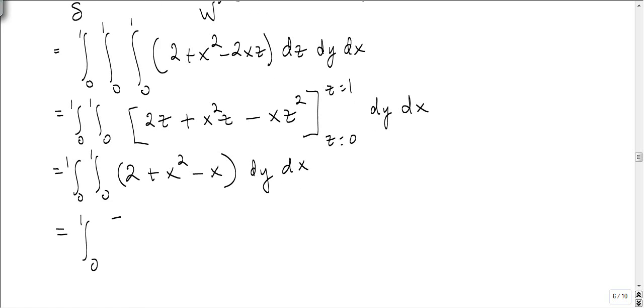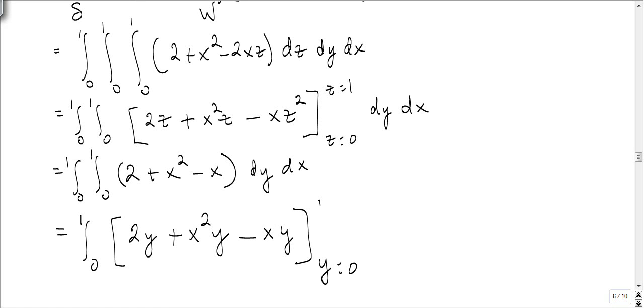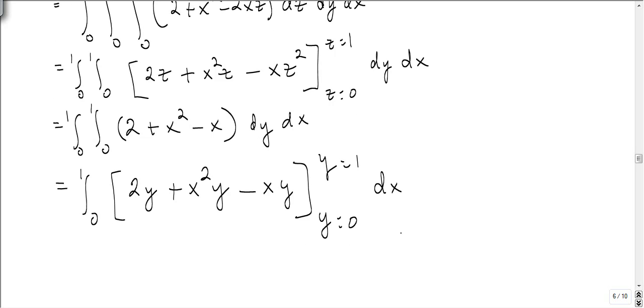Go again. Integrate with respect to y, please. Tell me what you have. 2y, x squared y, minus what? xy. Y goes from 0 to y equals 1, dx. Substitute y equals 1 again.